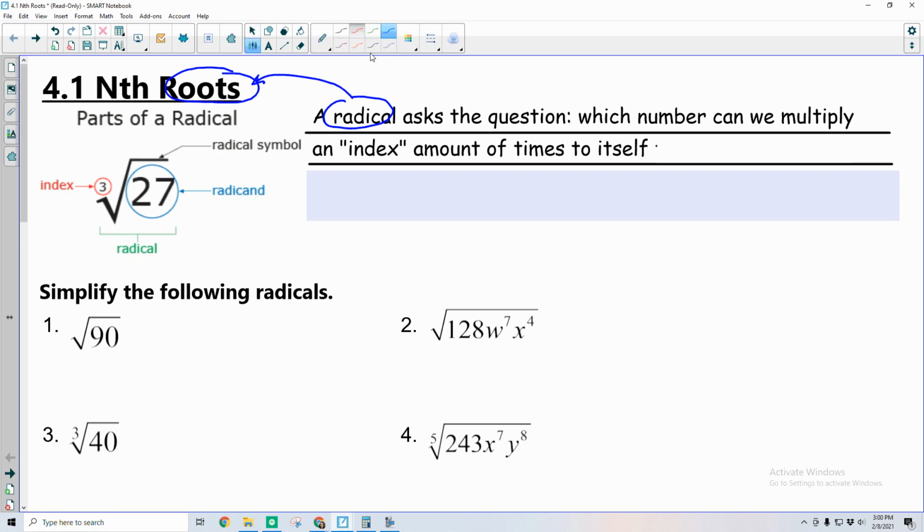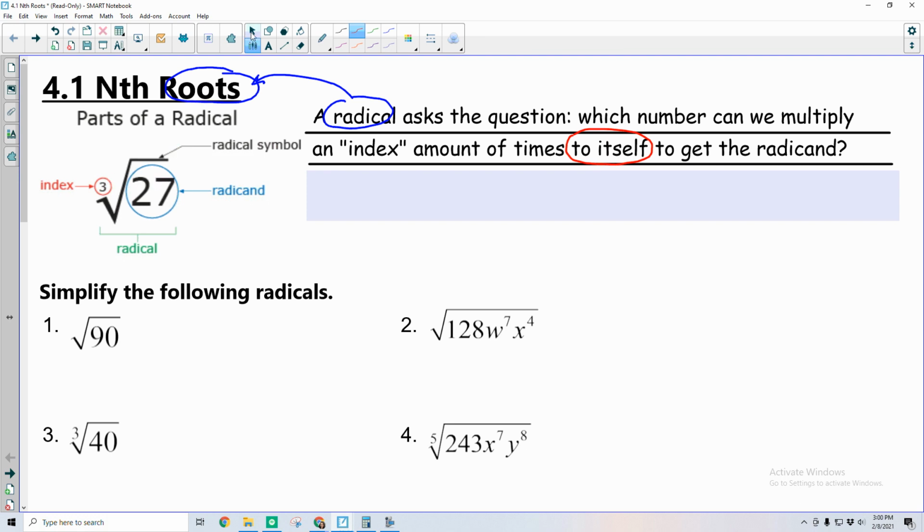And this is really key. Which number can I multiply to itself 3 times to get the radicand? The radicand is the word we use to describe the number that's inside of the square root. So think to yourself for a second, what number can I multiply to itself 3 times to get 27?